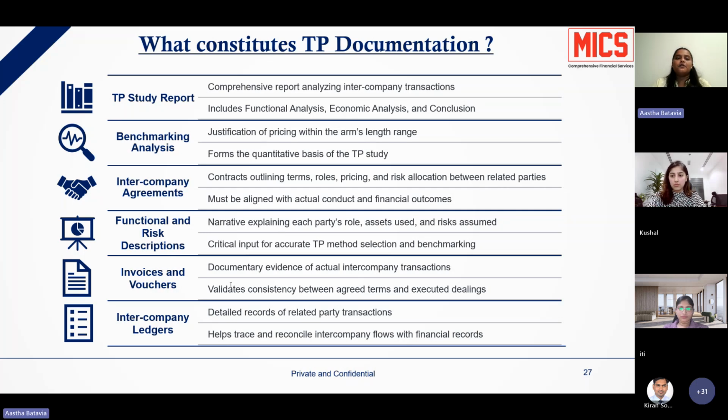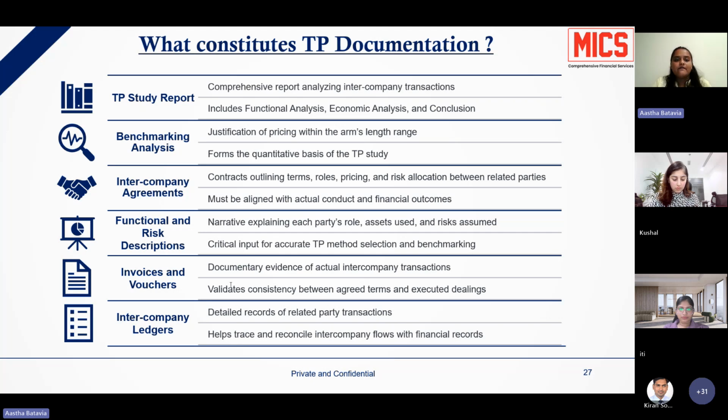First is the TP study report. Understand this is like an anchor document, a comprehensive report which will analyze all your intercompany transactions. This will include functional analysis and economic analysis. What are those? These are the tax jargons, I know. Let's just understand right now that this report will include these, and we will understand them in our upcoming sessions.